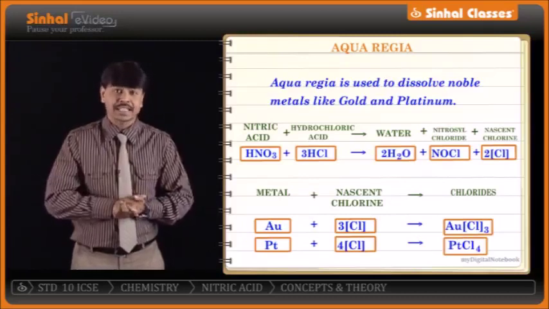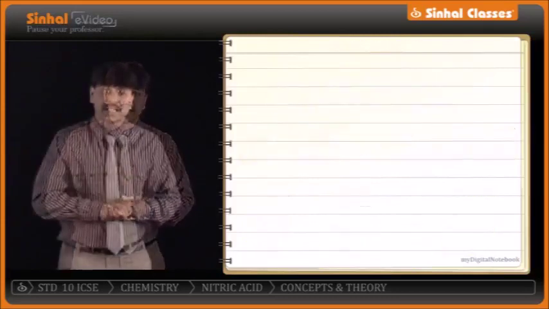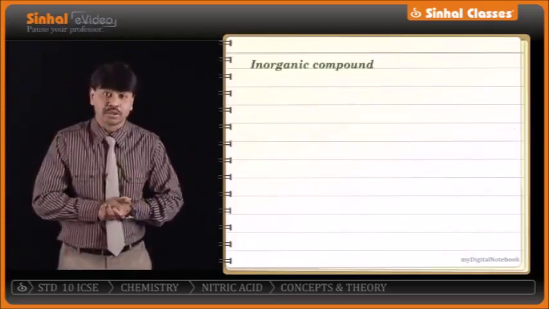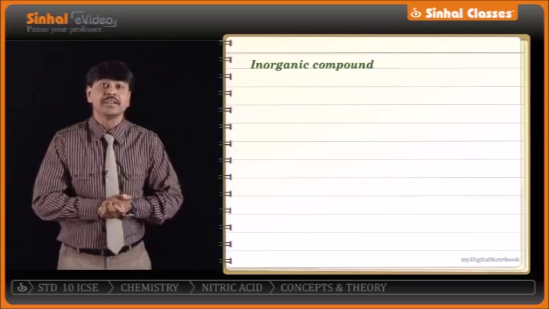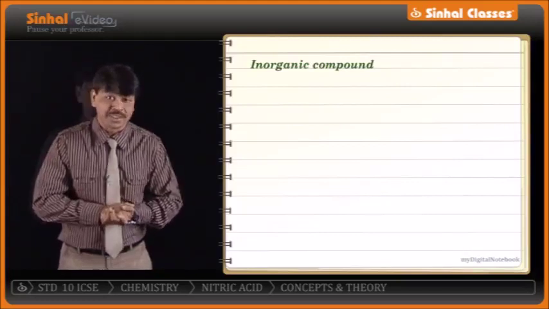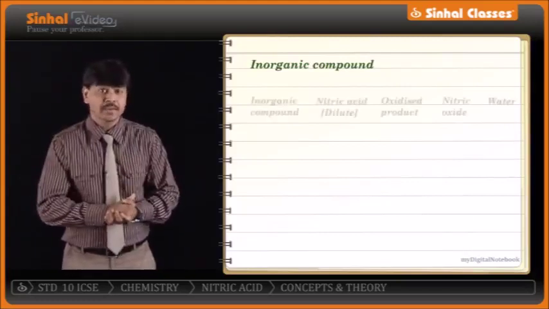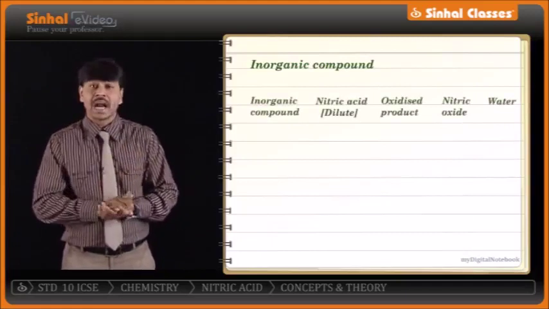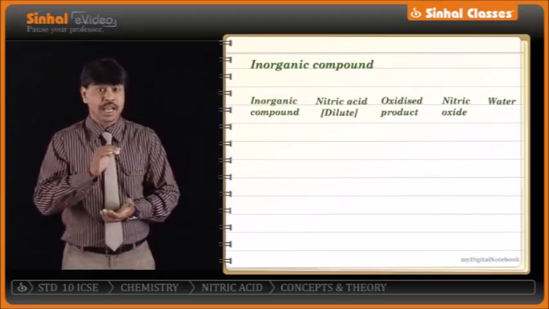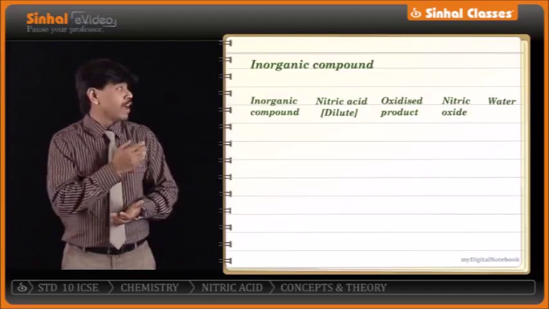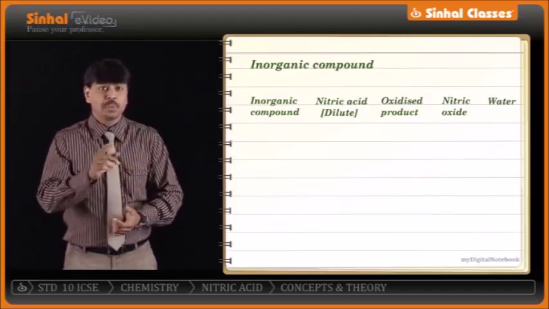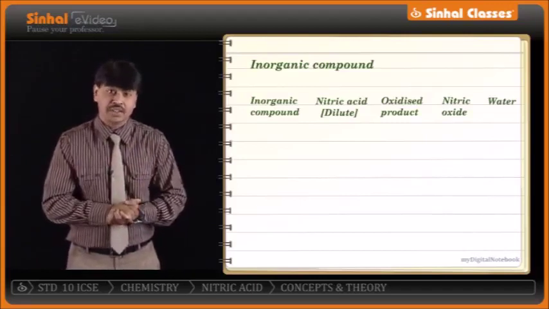Now this nitric acid can also oxidize inorganic compounds. Let us consider some inorganic compounds like SO2 gas, hydrogen sulfide, and ferrous sulfate. To begin with, let's take sulfur dioxide.